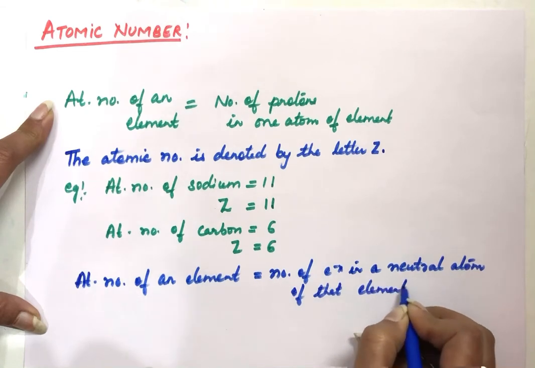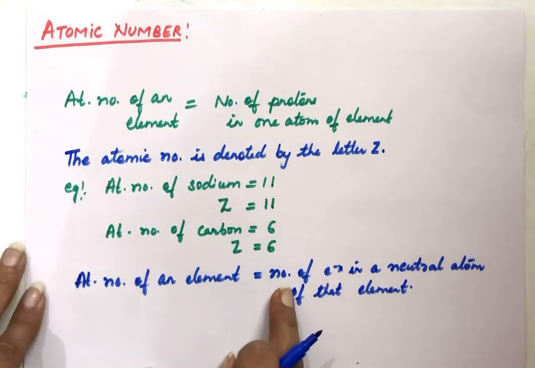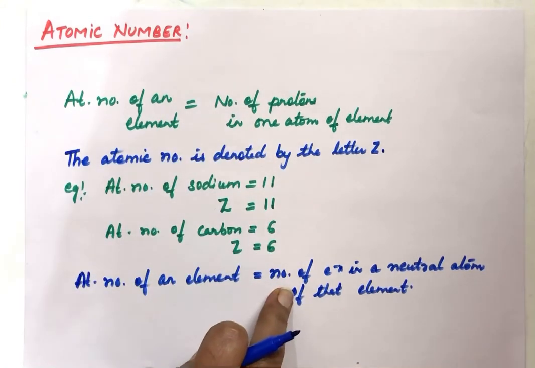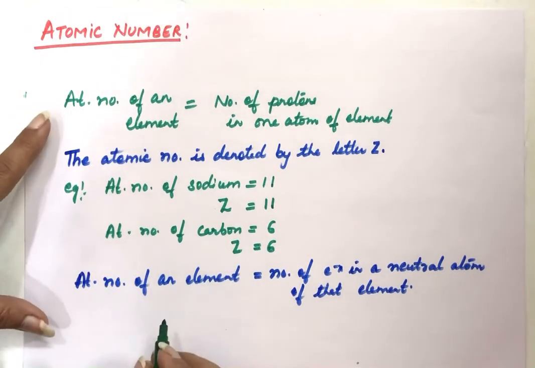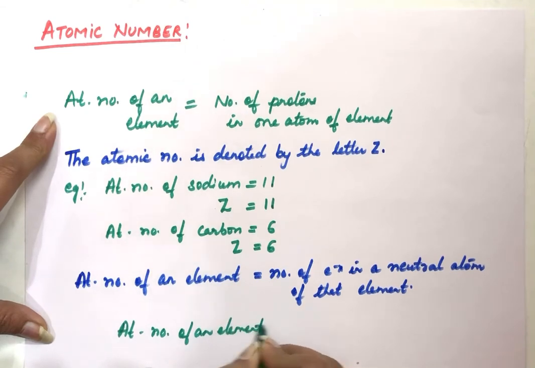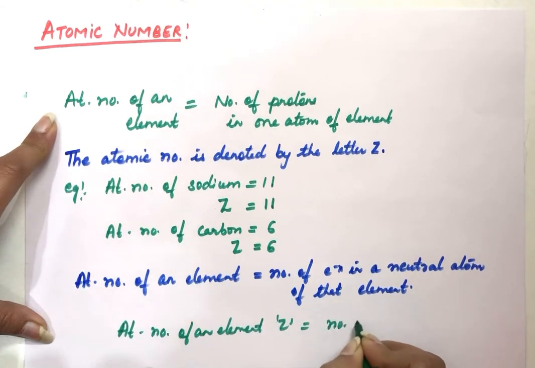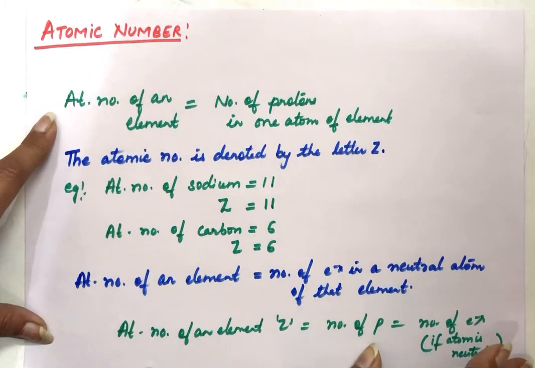If atom is neutral, then atomic number is also equal to number of electrons, because number of electrons and protons in an atom are always equal if atom is neutral. So remember here one thing, that atom should be neutral. So I can write atomic number of an element, that is Z, is equal to number of protons equal to number of electrons also if atom is neutral. So this is about atomic number.